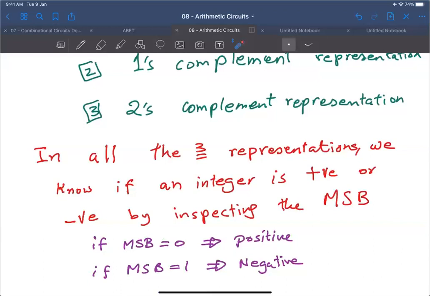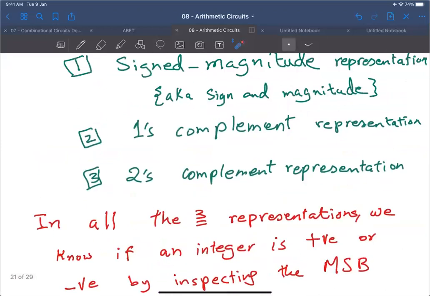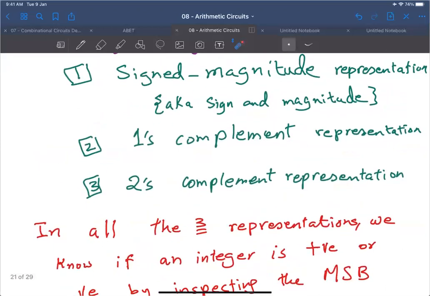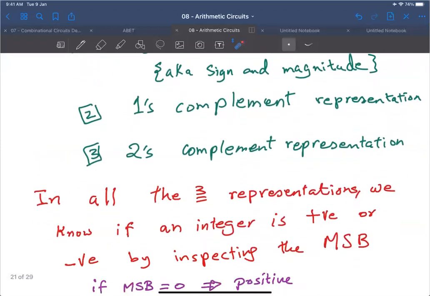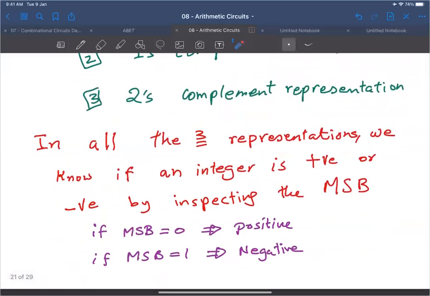For all the three representations, regardless of the representation that you use, the sign bit is going to be placed in the most significant bit, okay? So if you have, for example, a 4-bit number, then the sign bit will be bit number 3.